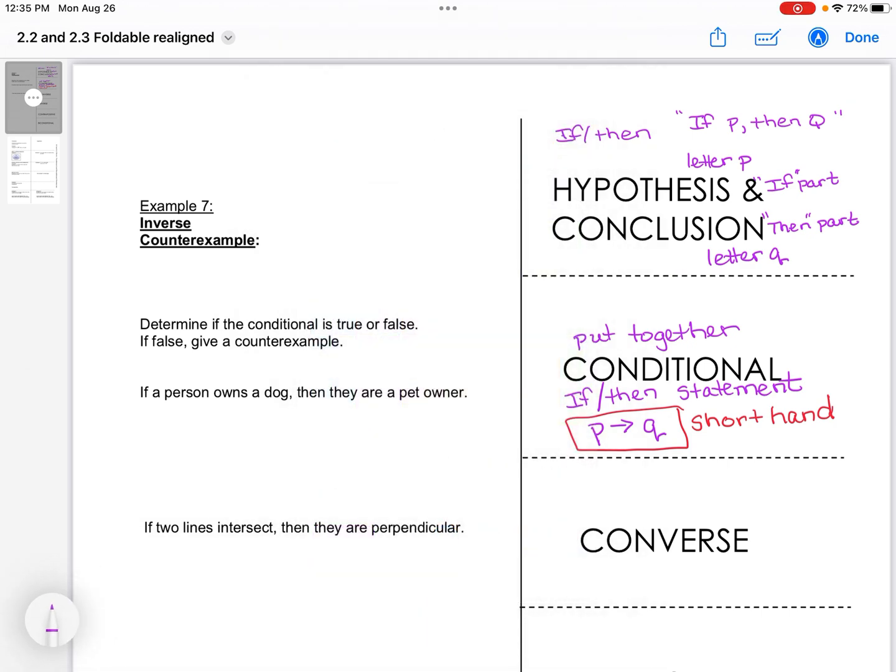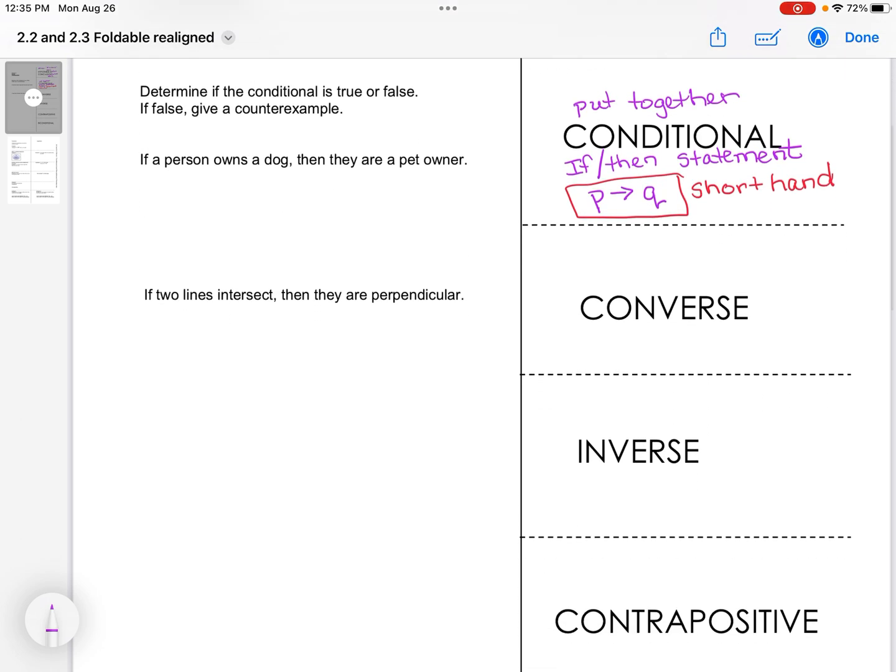All right, so now when we get to the next ones, we're basically taking the conditional statement we have and changing it and then deciding if that's going to be true or not. So for converse, what we do is we switch the hypothesis and the conclusion.